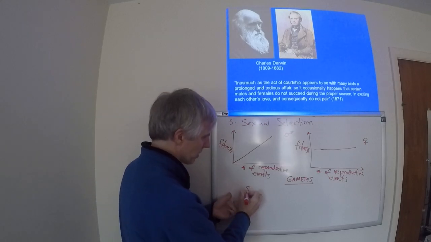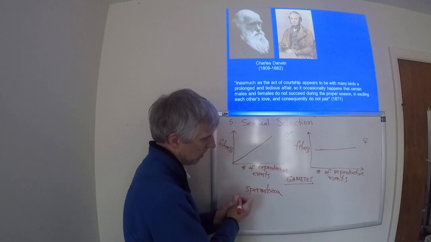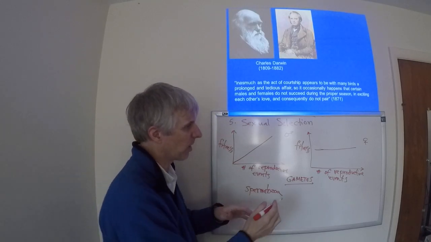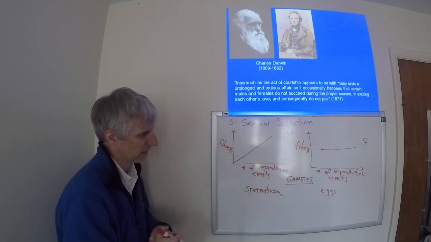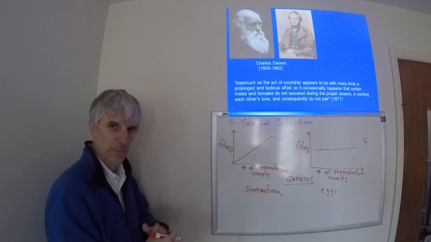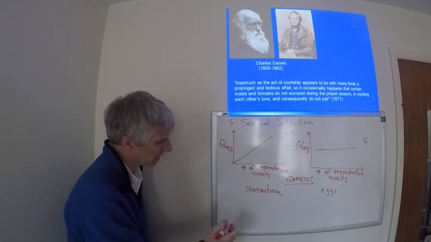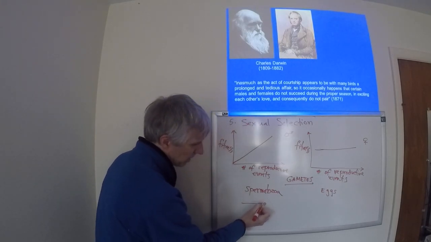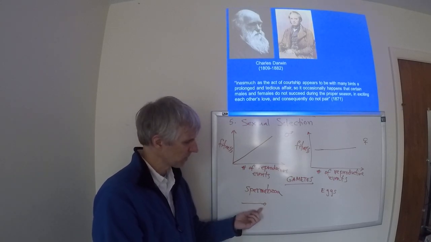Males produce, in the animal kingdom, spermatozoa. In the plant kingdom, it would be sperm, and then eggs produced by females in both plant and animal kingdoms. But if we consider these different gamete types, let's look at the spermatozoa produced by animals.